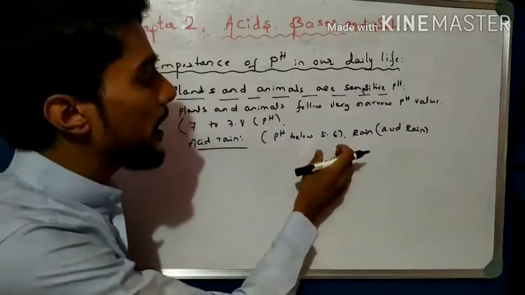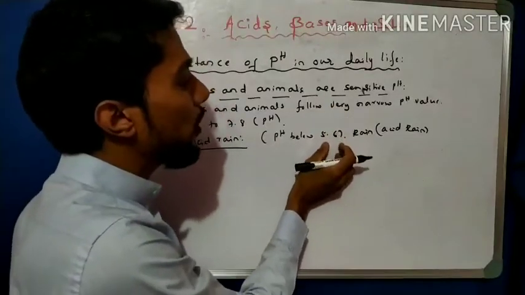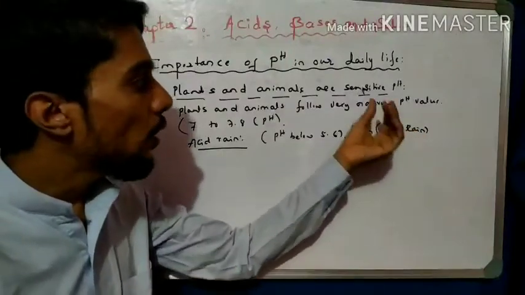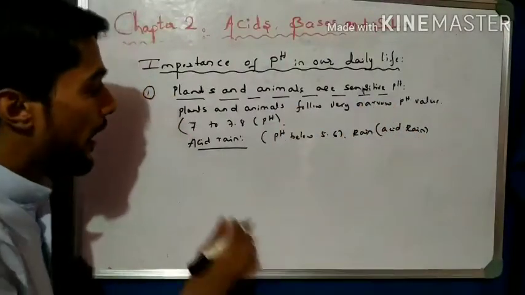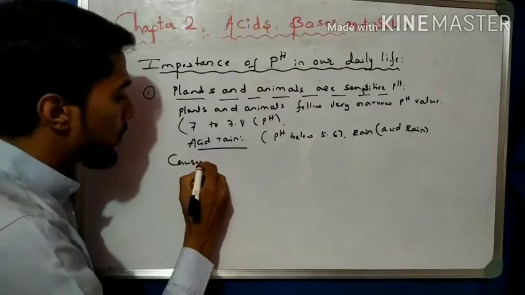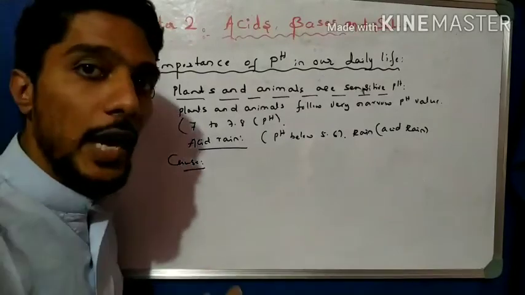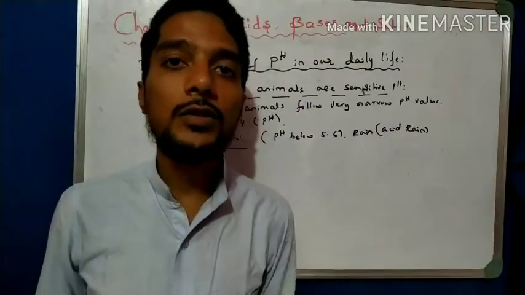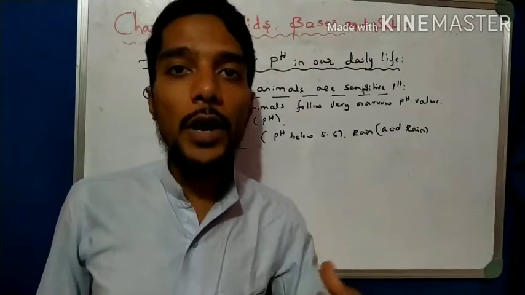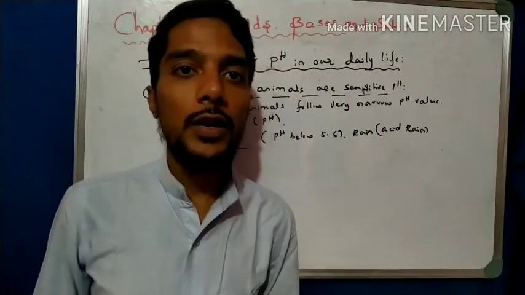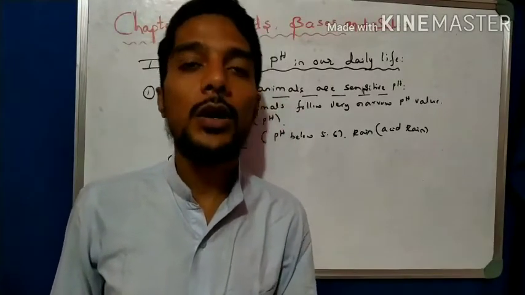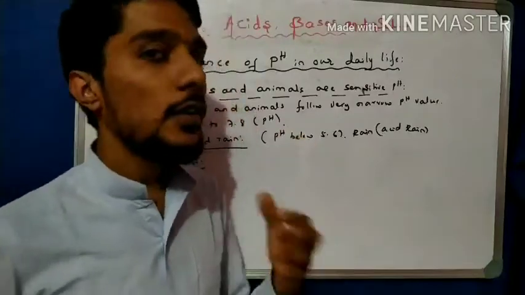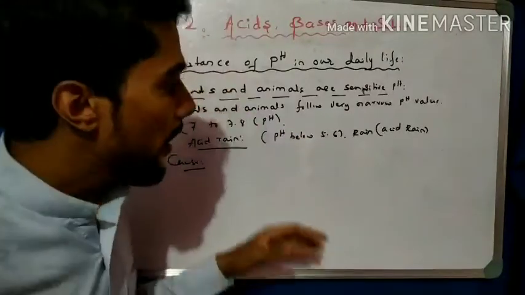So if the water pH value is below 5.6, such rain is called acid rain, and that is not fit for plants and animals. It may affect the plants and the aquatic life. The plants are affected, the farmers' crops are affected, and the aquatic animals are also affected, because aquatic animals also work in that 7 to 7.8 range, but 5.6 is very acidic, so their life can be affected.